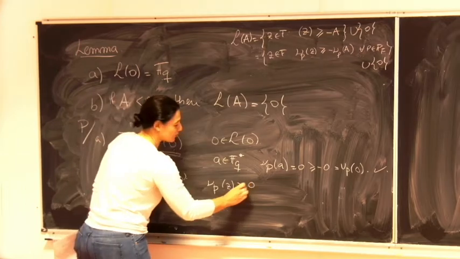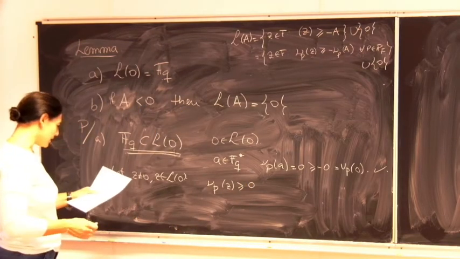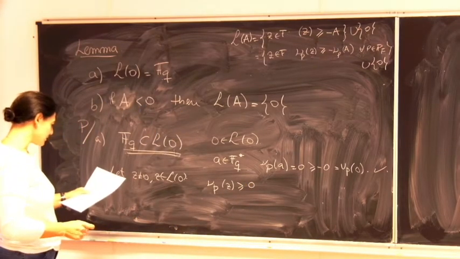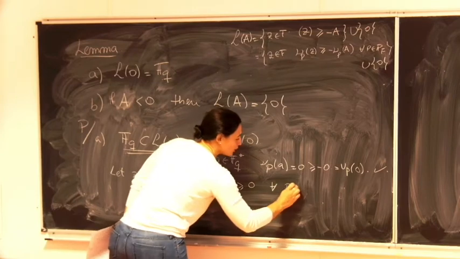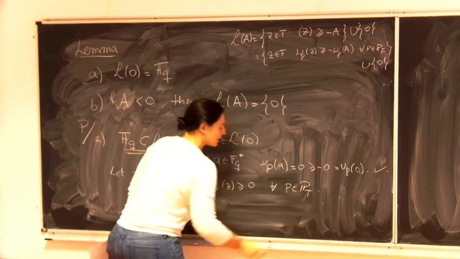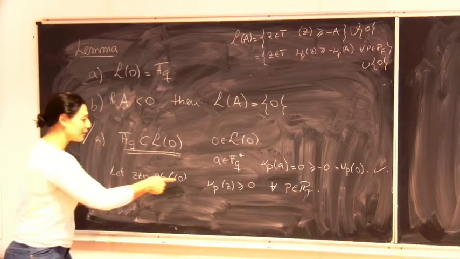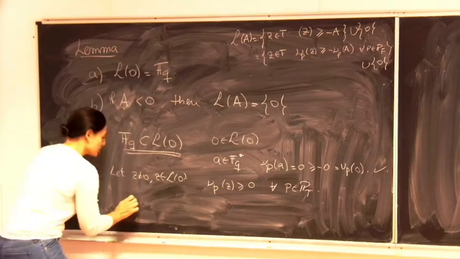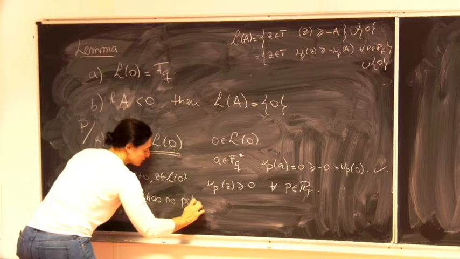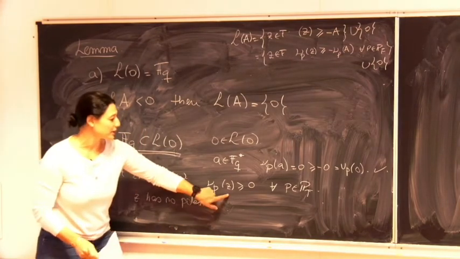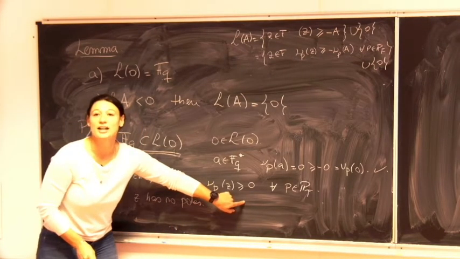But this is 0. And of course, if this is happening for all P, then this element has no pole. So c has no poles, because a pole was when the valuation was negative.